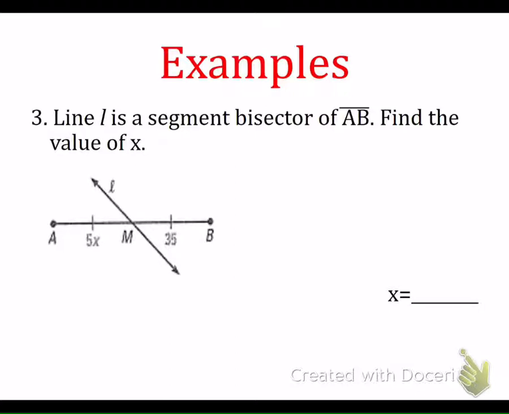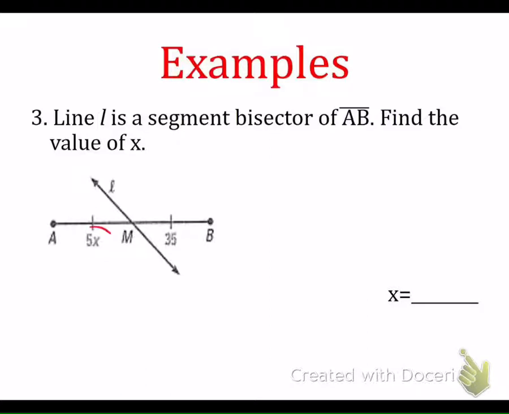So this says line L is a segment bisector of AB. Find the value of X. If they're congruent, what does that mean as far as the algebra? Congruent means the same, or rather, equal.